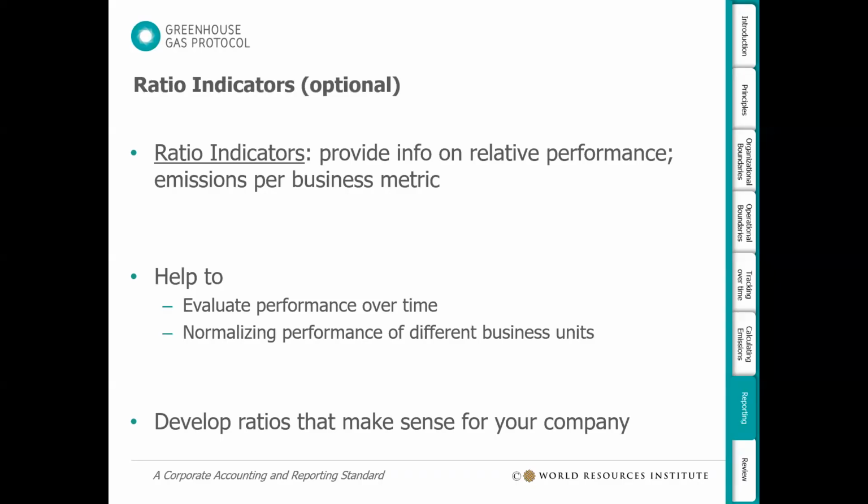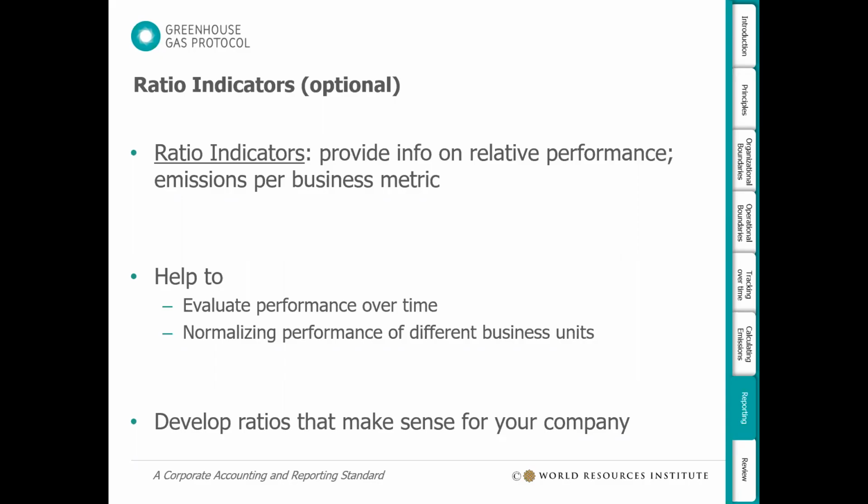Okay, so let's move on to the last section of this lesson, which is about ratio indicators in interpreting emissions performance. Again, the reporting of these ratio indicators or performance metrics is optional, but they are extremely useful. And companies may choose to report these metrics to accomplish a number of different goals, including to evaluate performance over time.